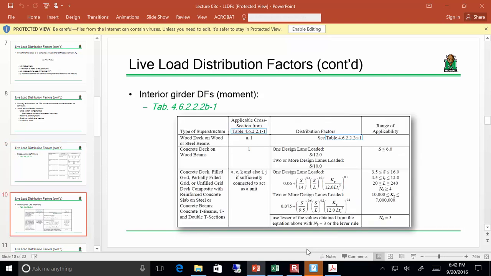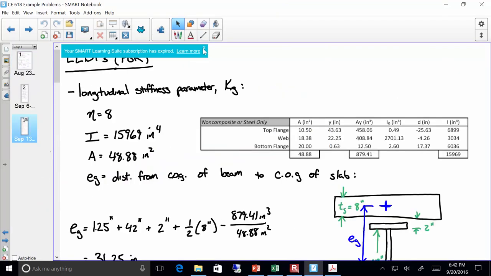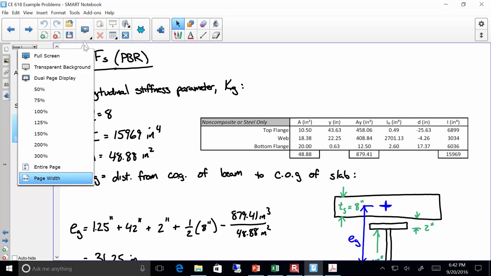Based on these given structures, you've got distribution factors for moment, distribution factors for shear, interior girder distribution, exterior girder distribution, single lane loading scenarios, multiple lane loading scenarios. You know the drill. So instead of belaboring everything going on here, let me get to the notes. So here's our section on live load distribution.